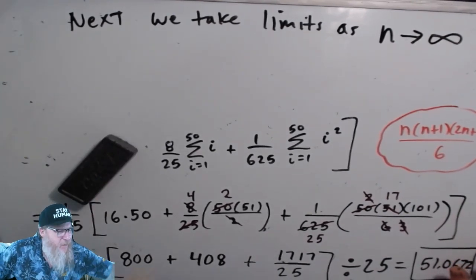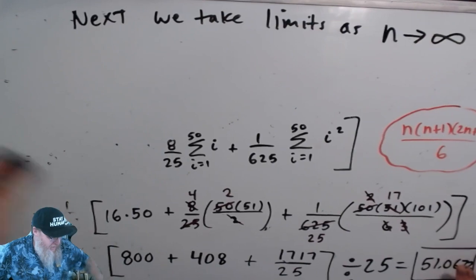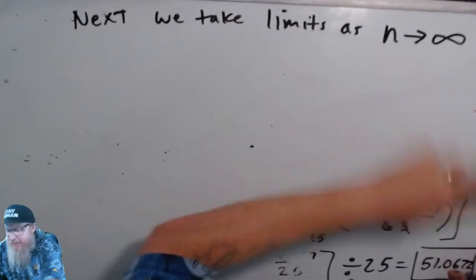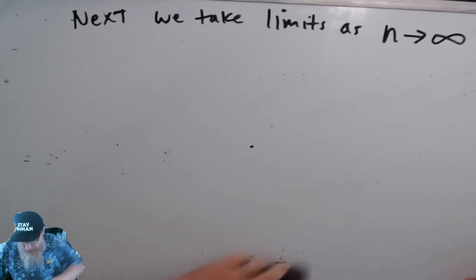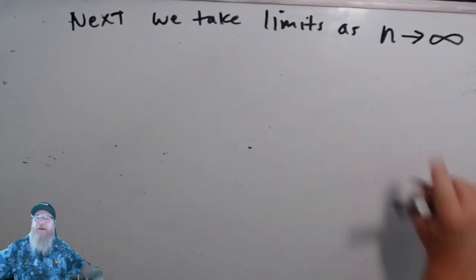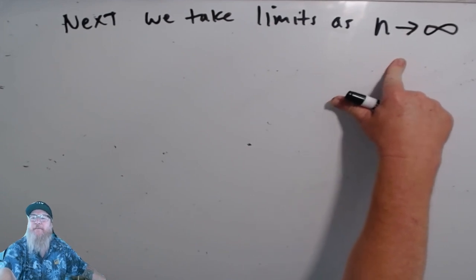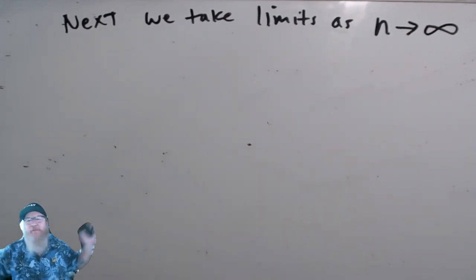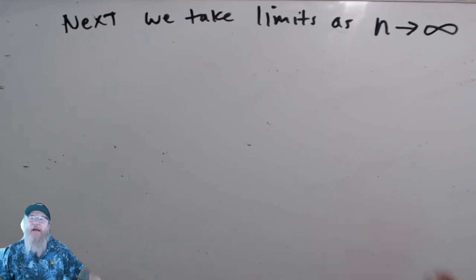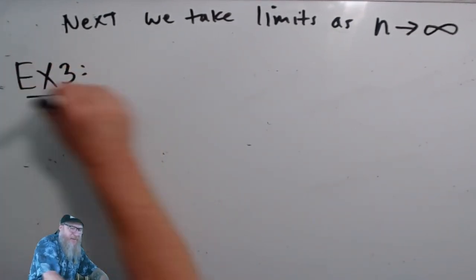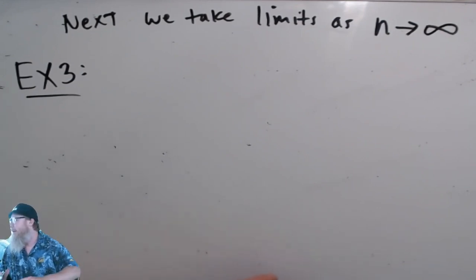All right, so we don't want to settle for 20 rectangles or 50 rectangles. Even 100 rectangles is not enough. We want infinitely many rectangles. So many that you don't even bother drawing them anymore. I mean, I've already kind of exhausted the ability to draw them.